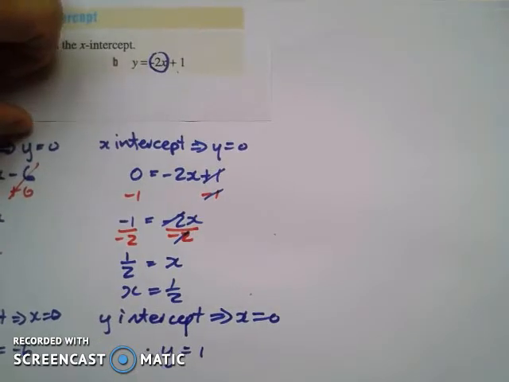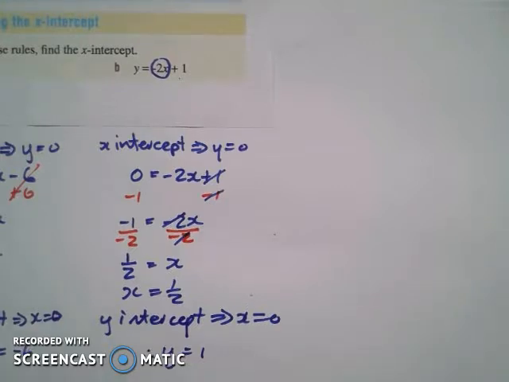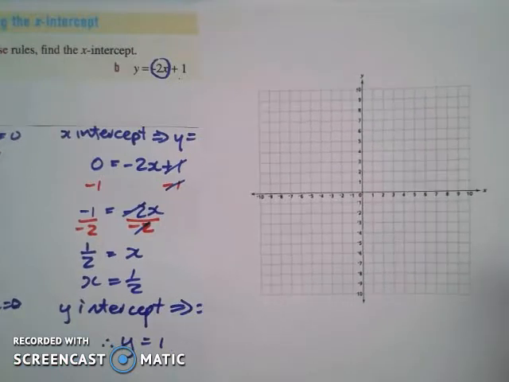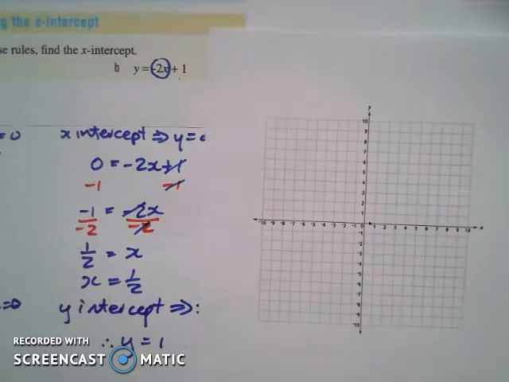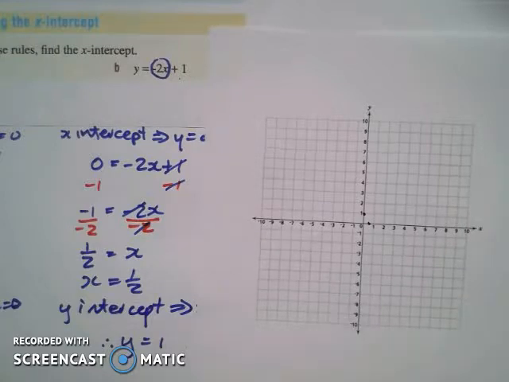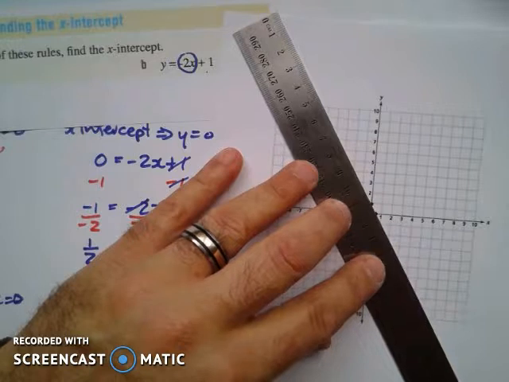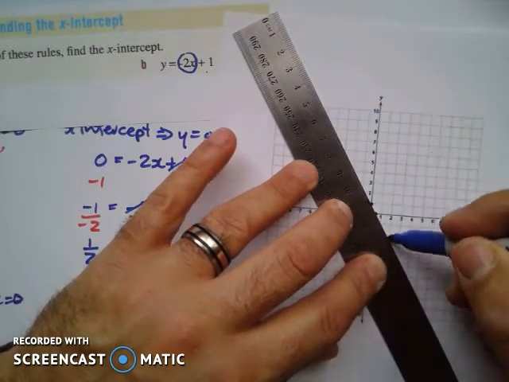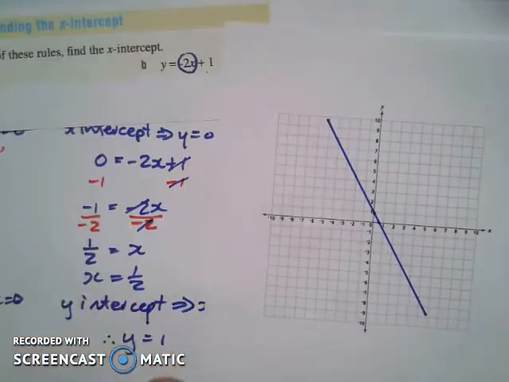If I have to draw the graph of that, my x-intercept is at a half, so x is a half, and y is positive 1. I have 2 points. I only need 2 points to draw the line. A half and 1. And I have my graph.